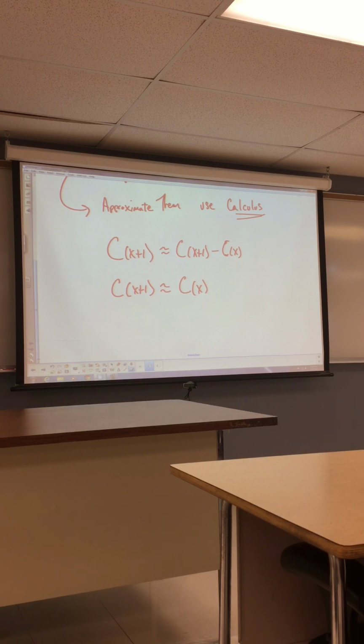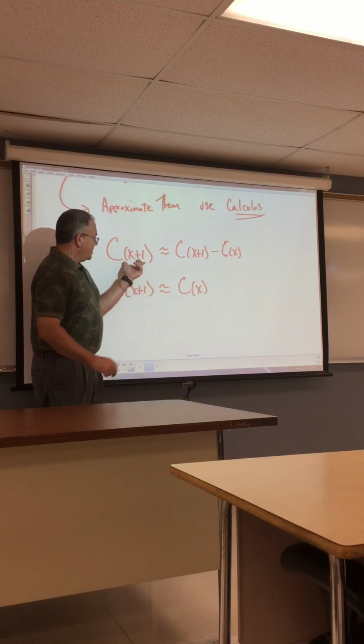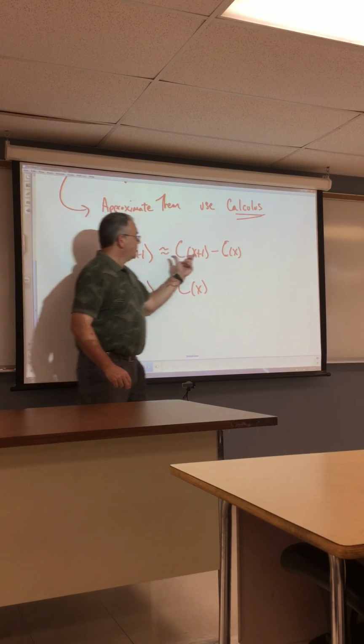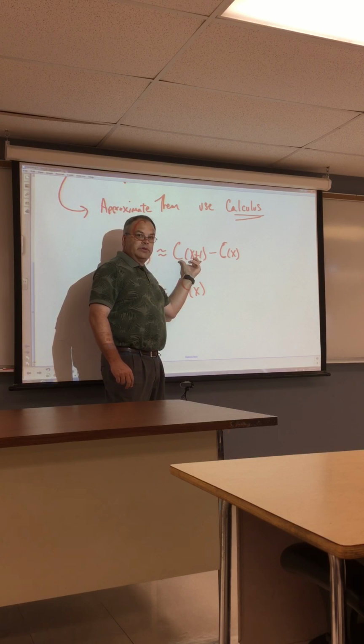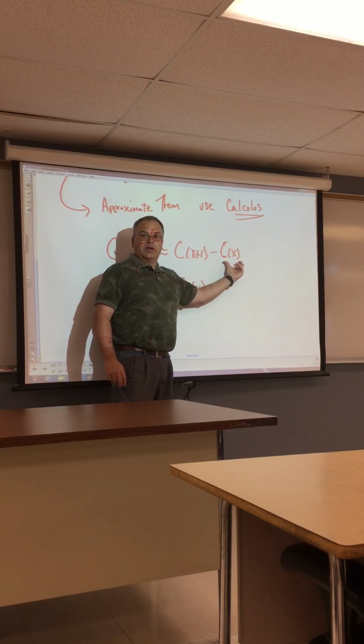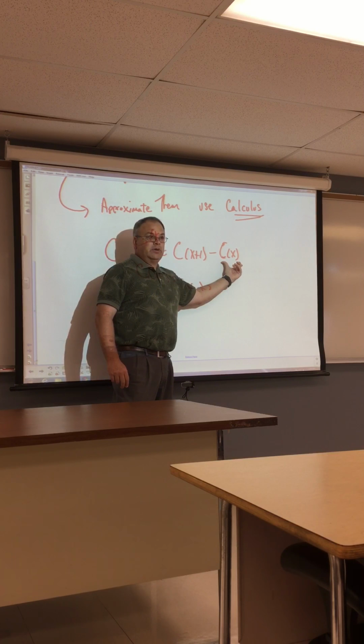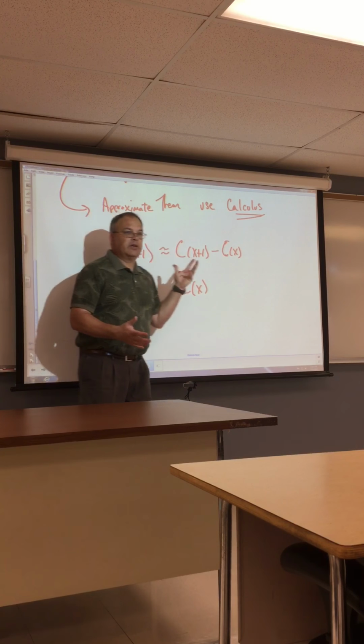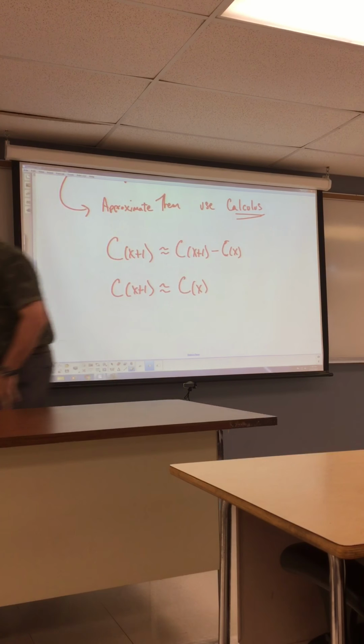I don't like the way the book writes it either. What I'm trying to say is the cost of the 51st item would be the total cost of all 51 items minus the total cost of 50 items. And that would give me the cost of the 51st. Is that okay? That's basically what this is supposed to be saying.